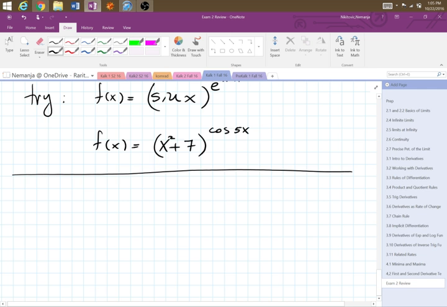Where's the acceleration? I don't think there are any acceleration problems here. There's one on velocity, sure. But in terms of the exam, I would. Let me just check.